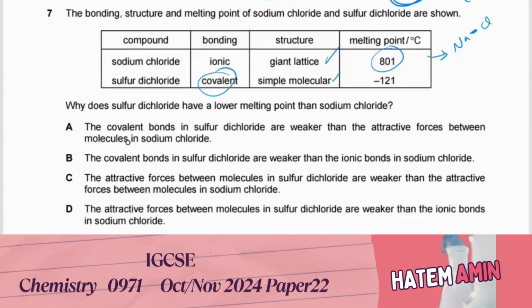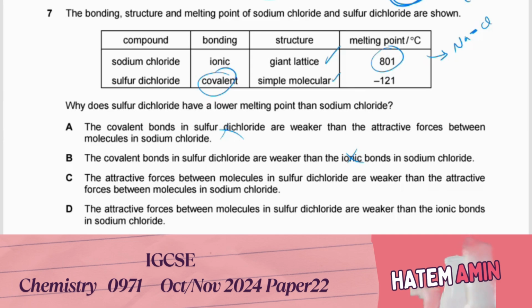The first option: the covalent bonds in sulfur dichloride are weaker than the attractive forces between the molecules. No, not this option. The covalent bonds in sulfur dichloride are weaker than the ionic bonds in sodium chloride. Not this, because we are talking about the intermolecular forces between molecules. The attractive forces between molecules in sulfur dichloride are weaker than the attractive forces between the molecules in sodium chloride.